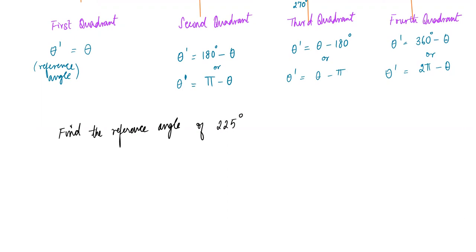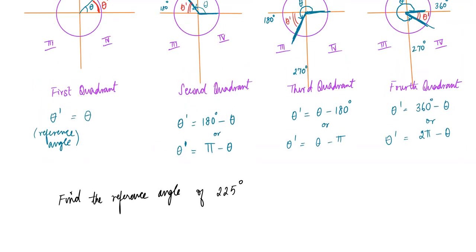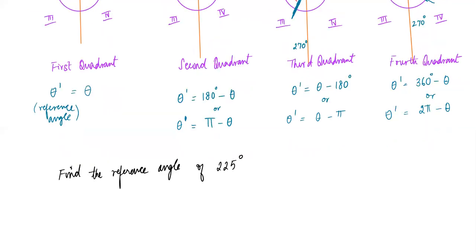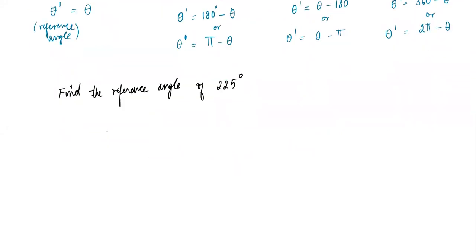Okay, 225 degrees. So our job is to see which quadrant this lies in. If you go back, you can see that this is lying in the third quadrant because it's more than 180, but less than 270 degrees. And if it's in the third quadrant, because it exceeds 180 degrees, you will subtract 180 degrees from this angle.